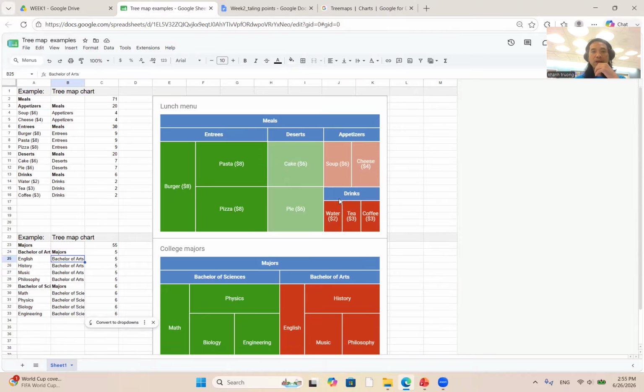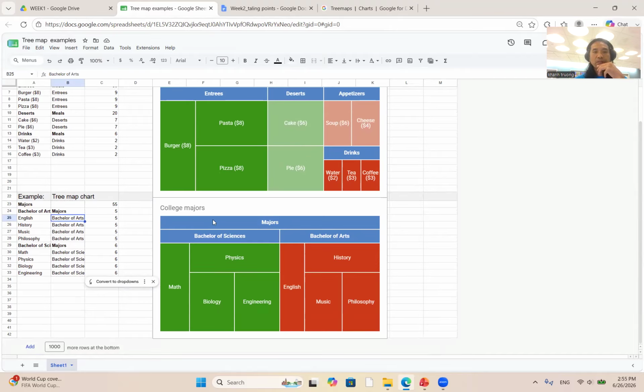Now, when you take a look at the graph, they basically translate it into a chart for you. Take a look at this one right here, college major.